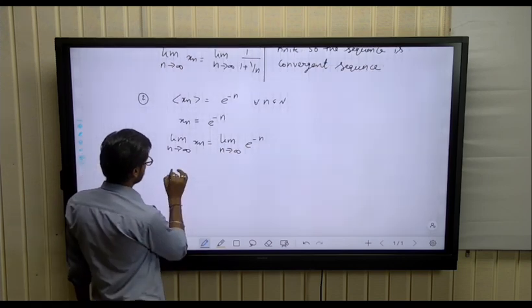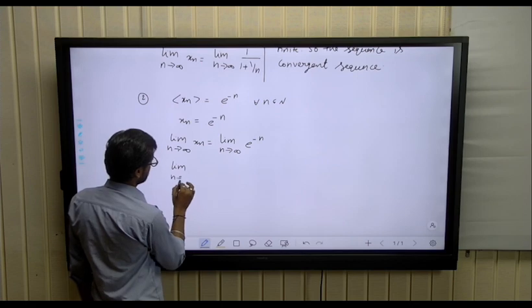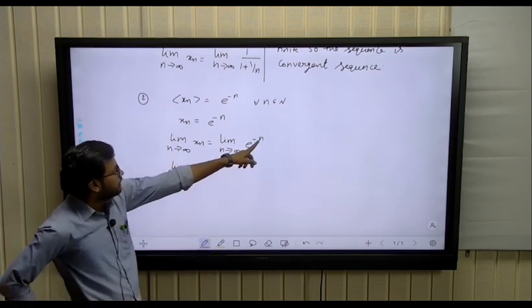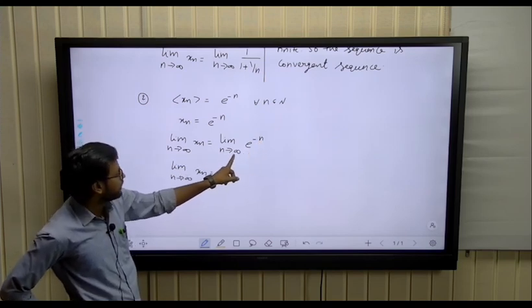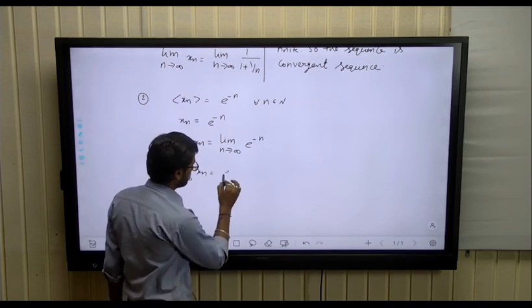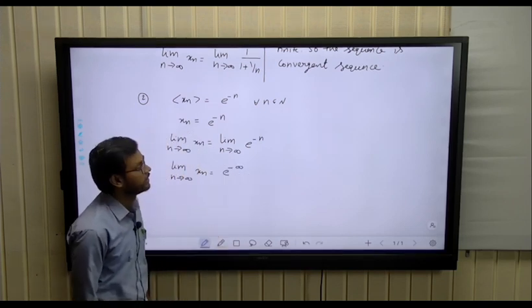Now the limit as n tends to infinity of xn is equal to, here we put the value of n. What is the value of n? It is infinity. So we put the value of n as infinity. So what happens? e to the power minus infinity.